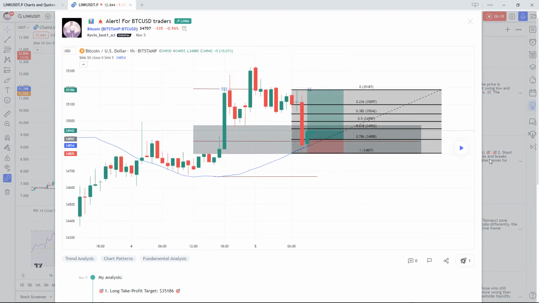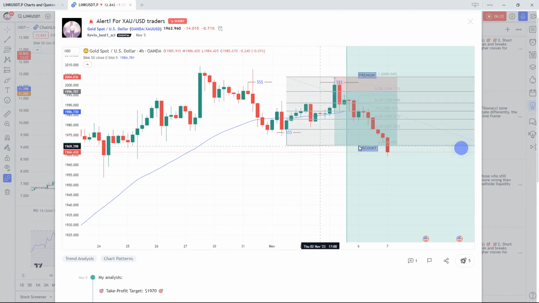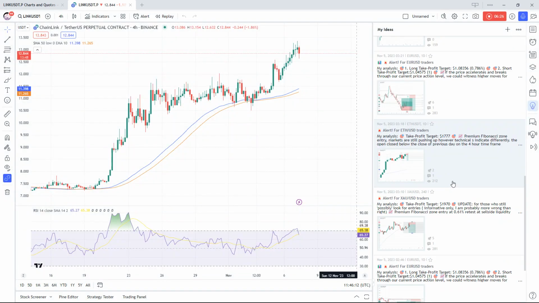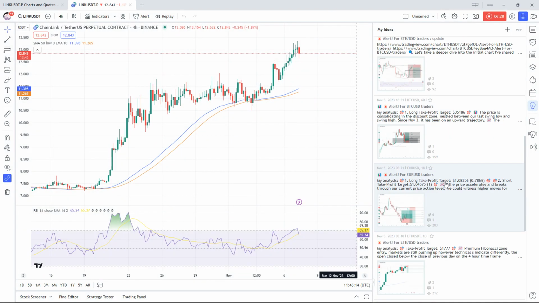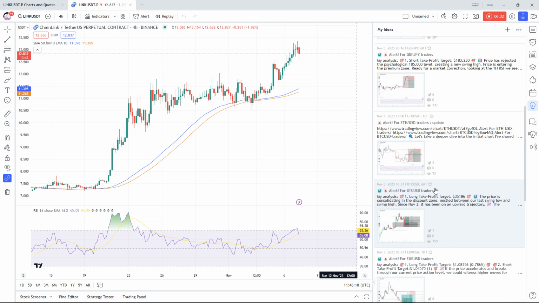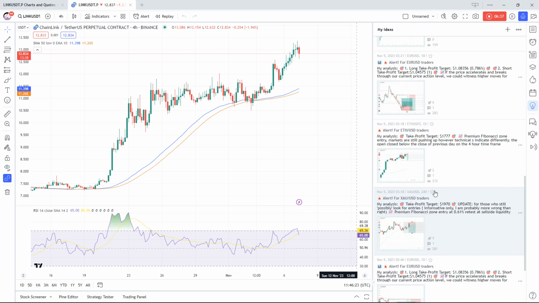On my Bitcoin USD and my Gold USD, it was enough for me to make, you know, a living. Because of the five or six trades that I took this week, even though I didn't make any loss, these two, because the market conditions were perfect for these two assets, made the whole profit for all the other assets which didn't really reach their profit target.